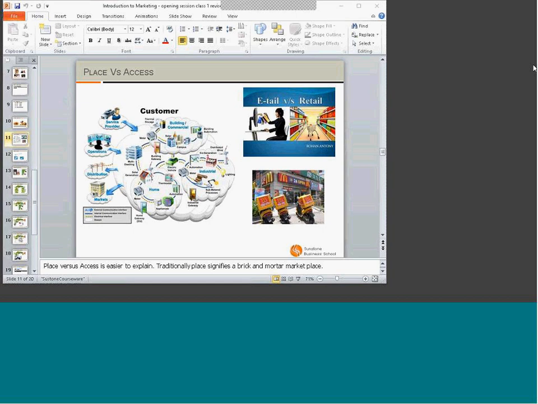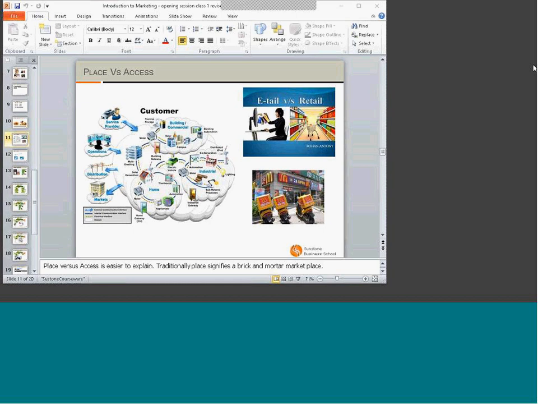Let's go to place versus access. In our system, the place was very relevant. We always knew which place to go and get it. In the current e-tail system and the internet world, this becomes more important, which is how easily can I access the server. So net 24/7, that is how it becomes.